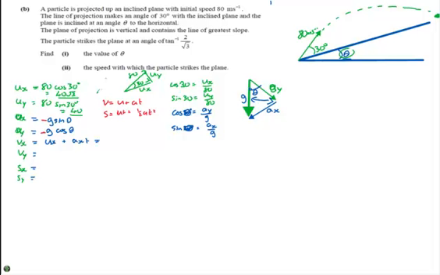So Vx will be equal to what Ux is, which is 40 root 3, minus g sine theta t. Vy is equal to 40 minus g cos theta t, and then sx and sy.